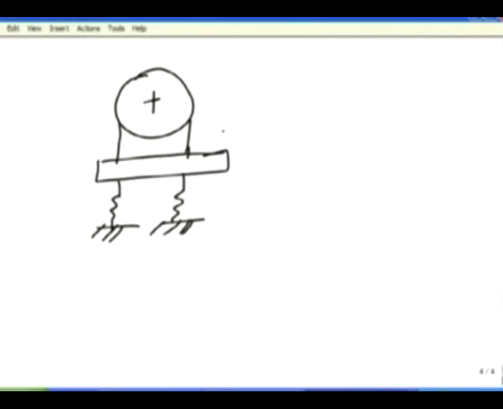If the rotor is unbalanced like this, that means mass is concentrated not at the center of rotation but at this point, then there will be a force present here. The amplitude of the force coming on the springs will be F max equal to m r omega square, where r is the eccentricity, denoting the unbalance.